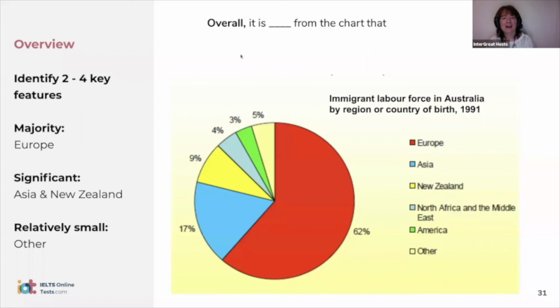And then we can say, so evident, clear, it can be seen, things like that. These introductory phrases are very useful for the overview. Also, you can use them in the body, but they're particularly useful in the overview.